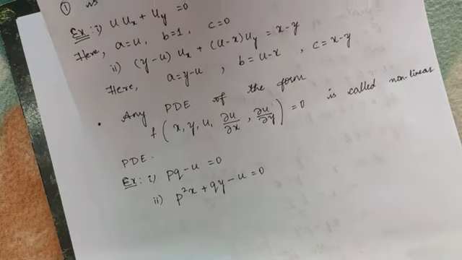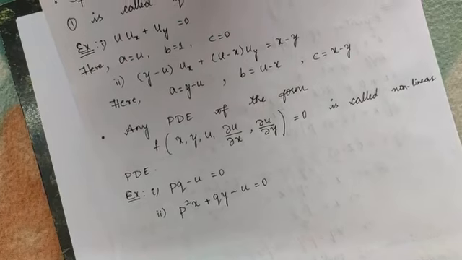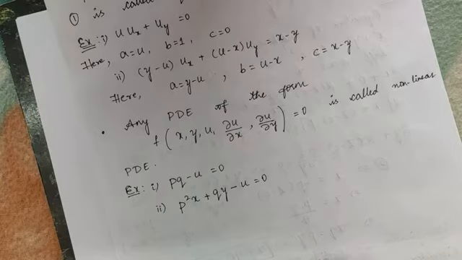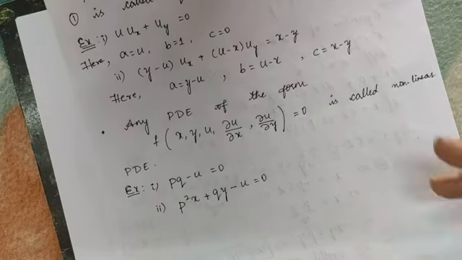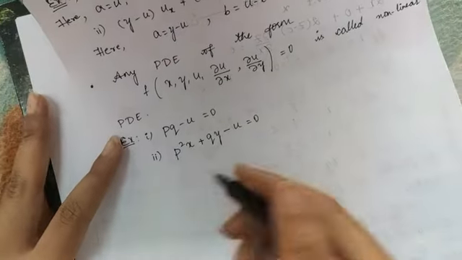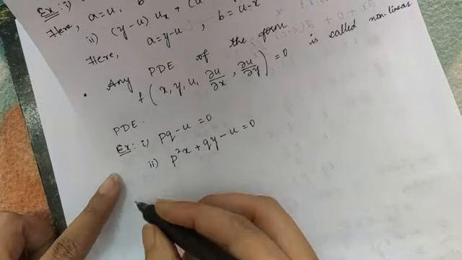When we move to second order differential equations, we will classify them into three types, that is parabolic, elliptic and hyperbolic. Those things will come in later classes. Okay, so now let's move to the next topic, that is the geometrical interpretation of partial differential equations.